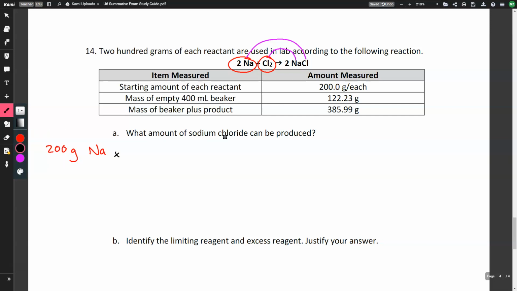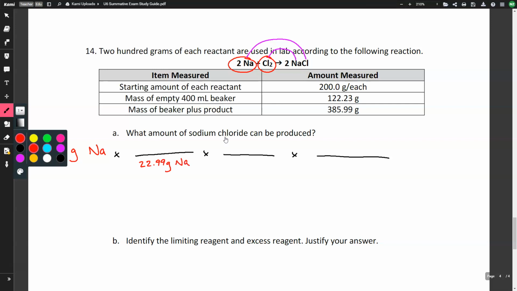Okay, we're going to need 3 steps because we're going to go from grams of sodium to grams of sodium chloride. Okay, so sodium has a molar mass of 22.99. Okay, that's how many grams are in 1 mole of sodium. And then the ratio, so there's a 2 in front of the sodium, so 2 moles of sodium for every 2 moles sodium chloride.